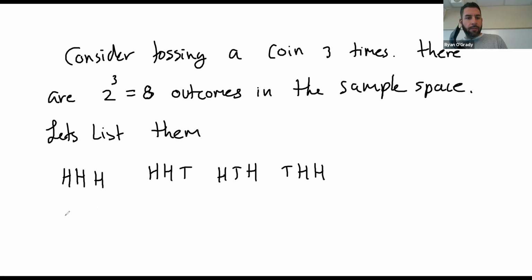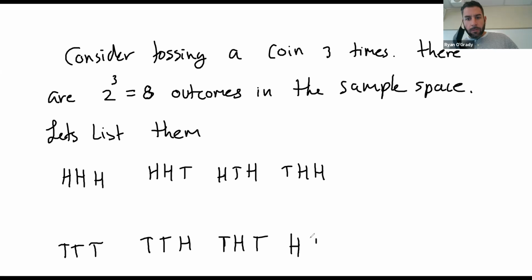We can also have tails, tails, tails. Let me keep the symmetry up to make it a little easier. You can have tails, tails, heads. You can have tails, heads, tails, or you can have heads, tails, tails.